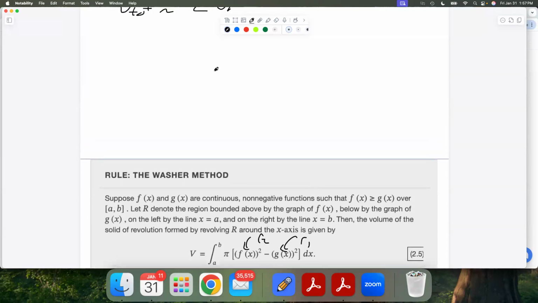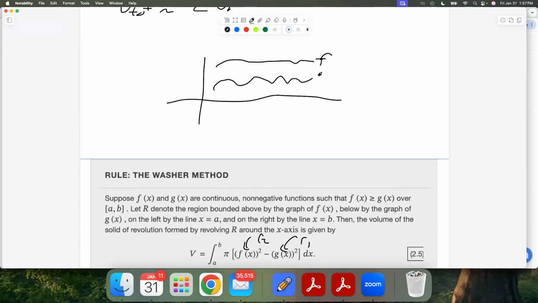So in general, if we're rotating around the x-axis, I'm going to have two different curves, some f and some g. Maybe g looks completely different. From some starting point A to B. And we're going to take this area, let me color code this. Take the area in between them and rotate that around the x-axis.